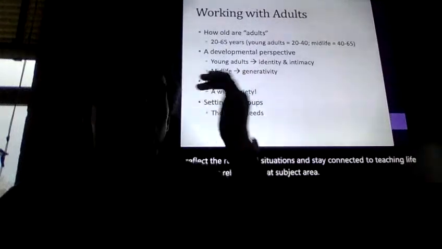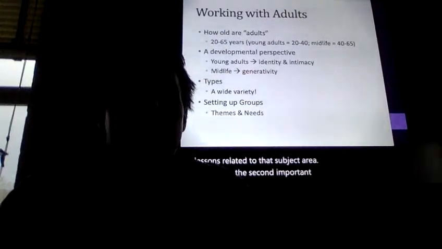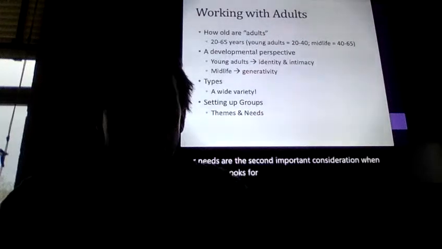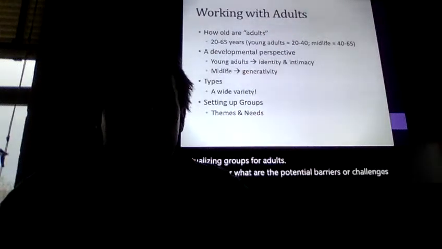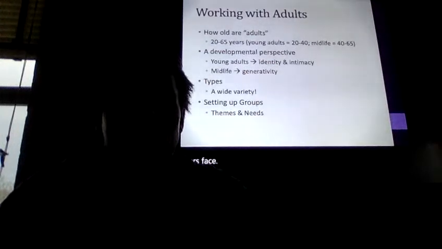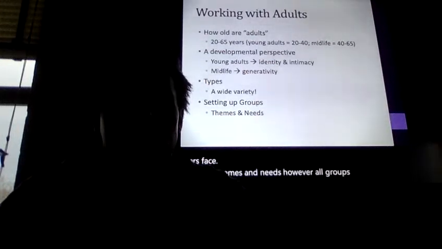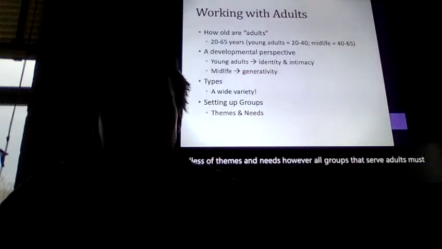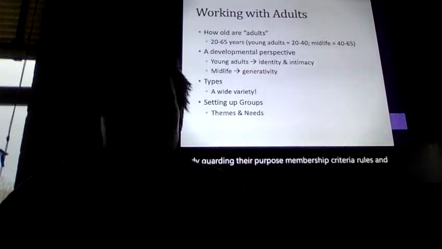Member needs are the second important consideration when conceptualizing groups for adults. We must consider what are the potential barriers or challenges that members face. Regardless of themes and needs, however, all groups that serve adults must be clear regarding their purpose, membership criteria, rules, and expectations, as well as being sensitive to legal, ethical, and multicultural issues.